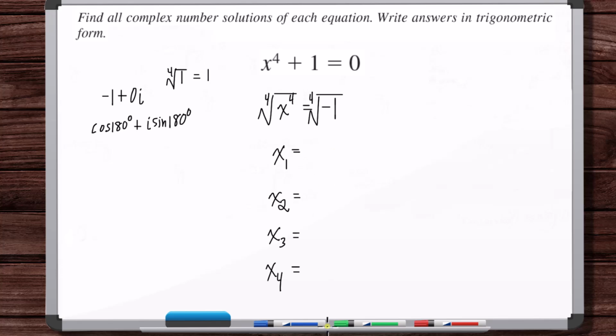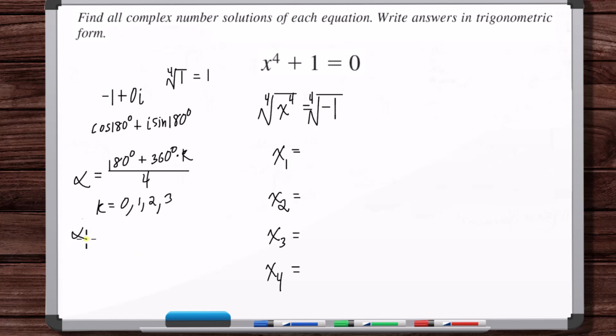So each of these is going to have radius 1. Now, the alphas, we're finally dealing with a root that's not 3. We're going to have 180 plus 360 times k, but it's going to be divided by 4. With k, the 4 values are going to be with k equals 0, 1, 2, and 3.